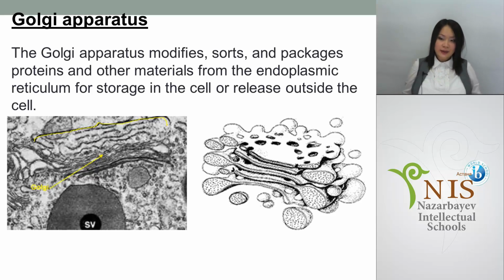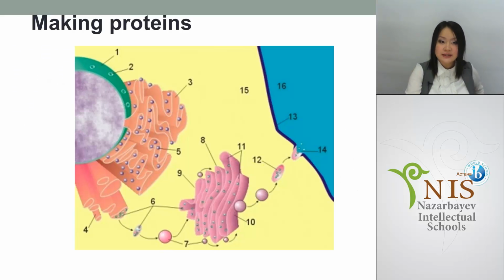The Golgi apparatus is named after the scientist Golgi, and it consists of tubes, vesicles, and spaces between tubes. It allows transport of protein. The function is modifying, sorting and packaging of proteins.